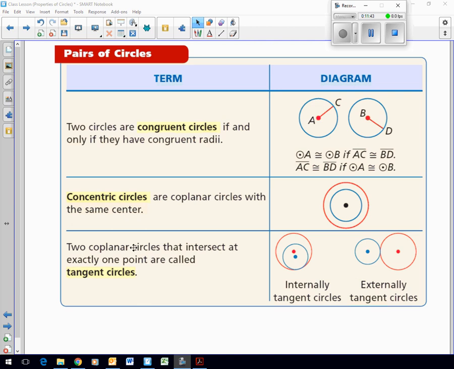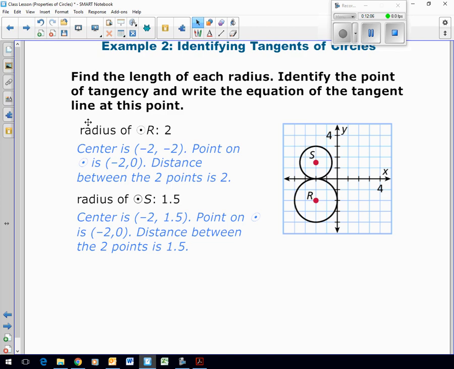And then coplanar circles that intersect at exactly one point, we call those tangent circles, okay? Notice they could be either internally tangent or externally tangent. Everybody with me? Okay. Moving on. Got them? Good? No? All right. Let's move on because we got a little bit more.